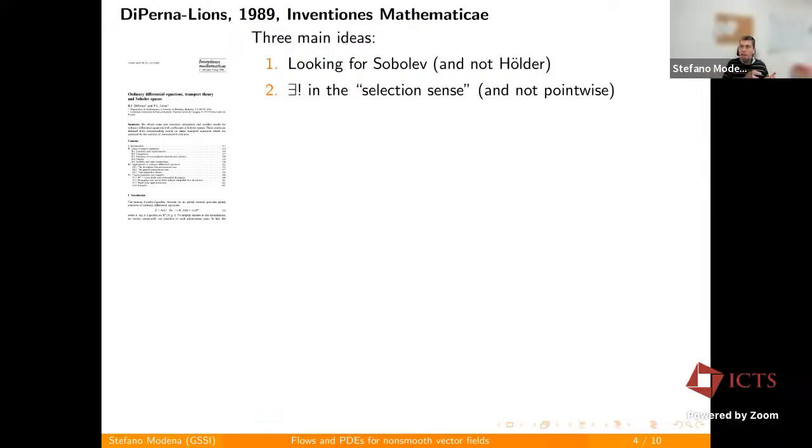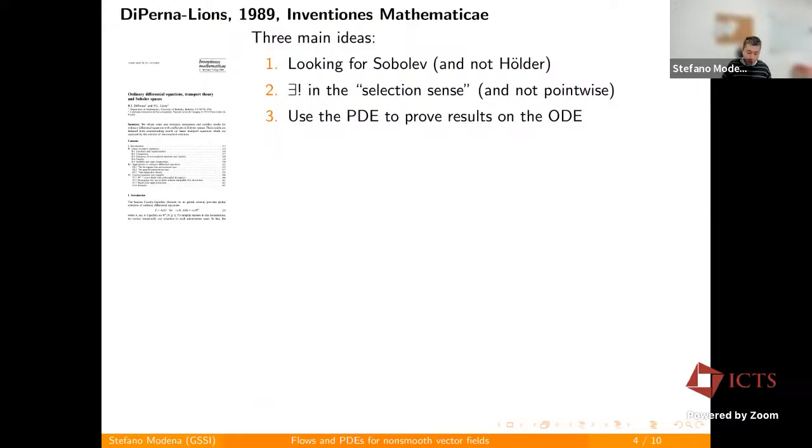Now, the third main idea in this paper of DiPerna-Lions is that you can do the opposite. In a weak setting, you can first analyze the PDE, and then use what you know on the PDE to prove results on the ODE. So they reverse the point of view, essentially.